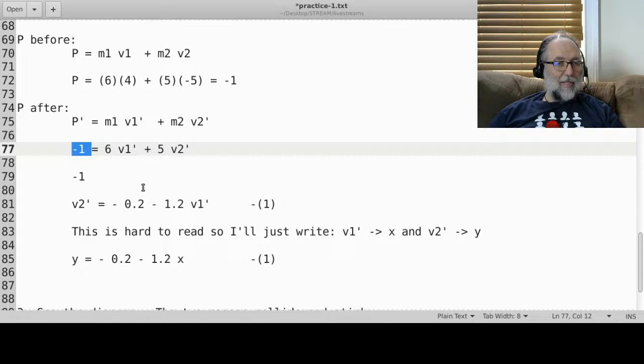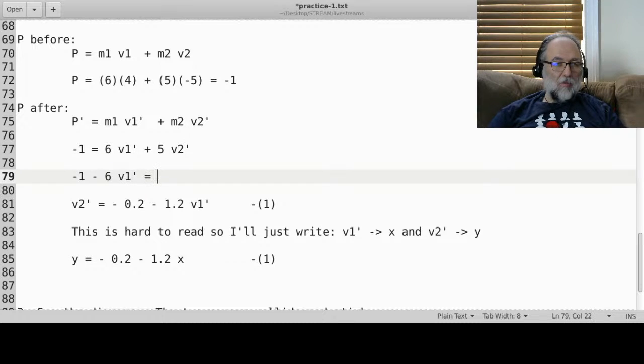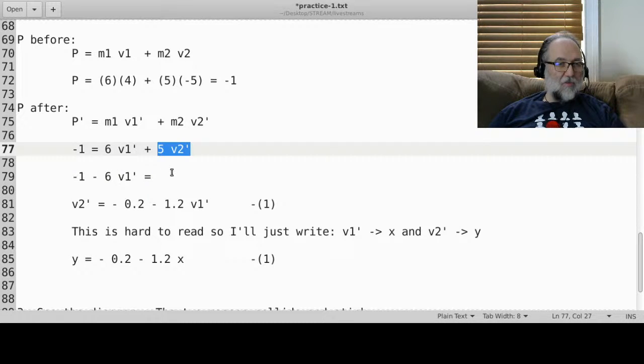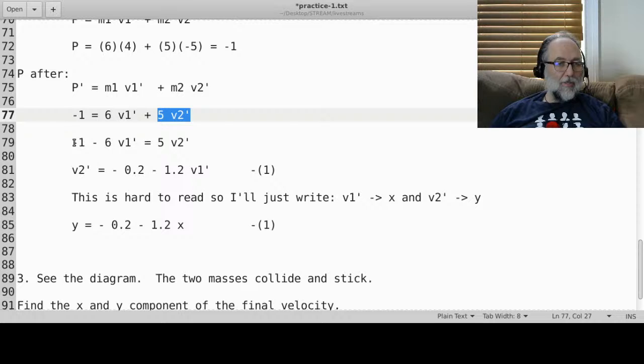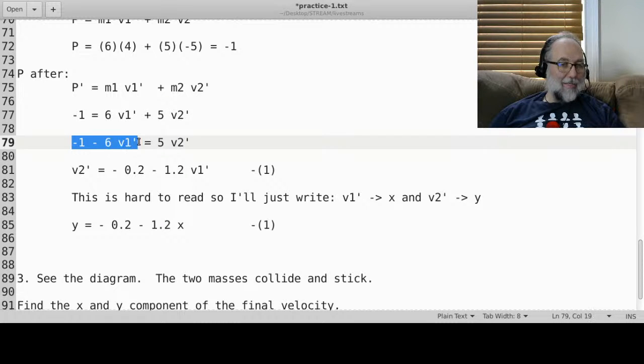So here I have -1 on this side, and what I'm going to do is subtract 6 v1 prime from both sides, and that will isolate the 5 v2 prime. So I get -1 minus 6 v1 prime, and that's going to equal 5 v2 prime like that.